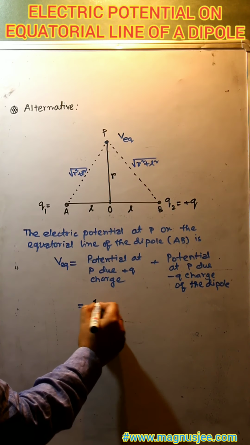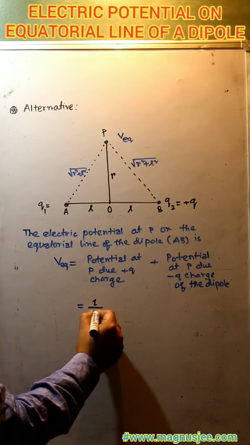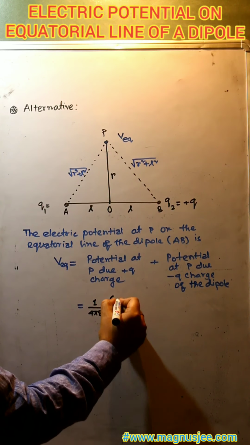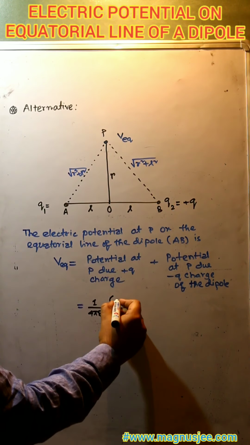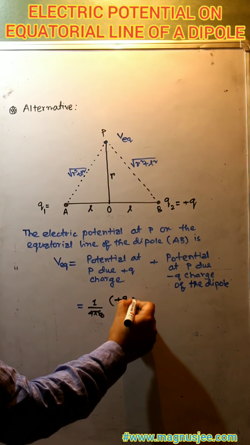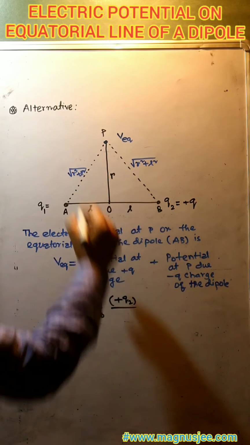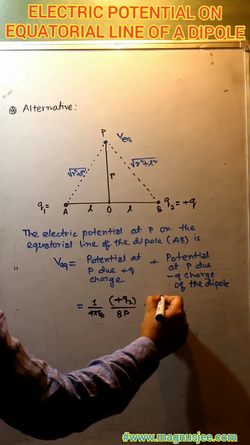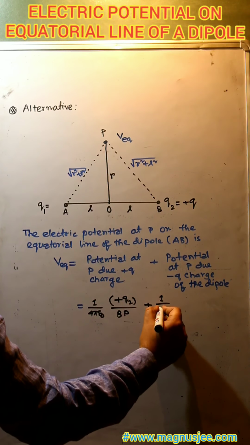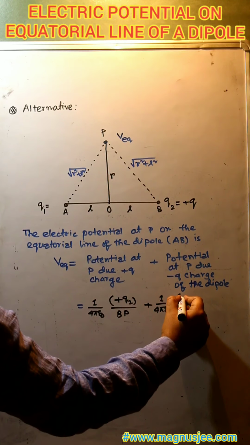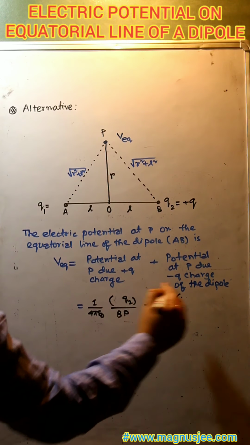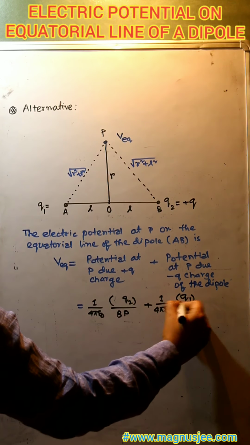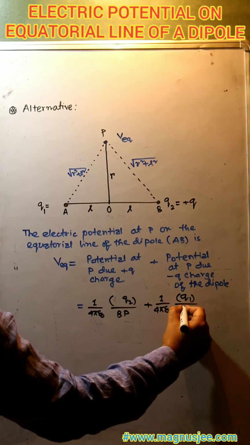So now what will be the equation? Here the expression of potential is 1 by 4 pi epsilon naught times charge divided by distance. Positive charge is Q2 divided by distance BP, and negative charge Q1 divided by AP.